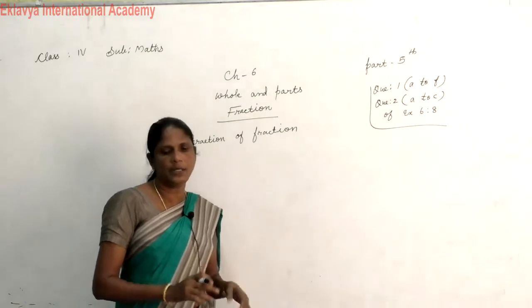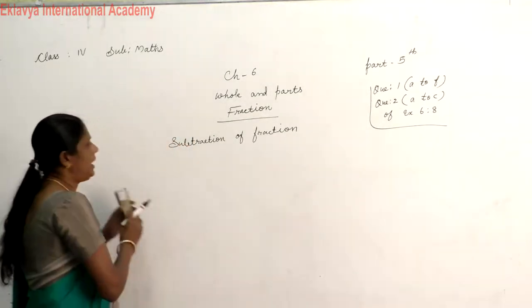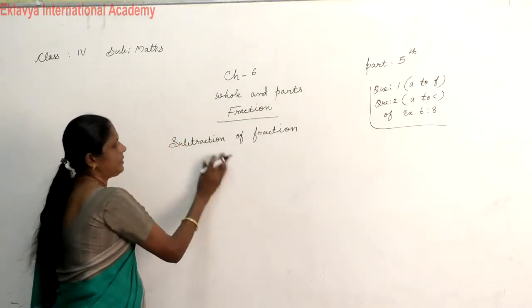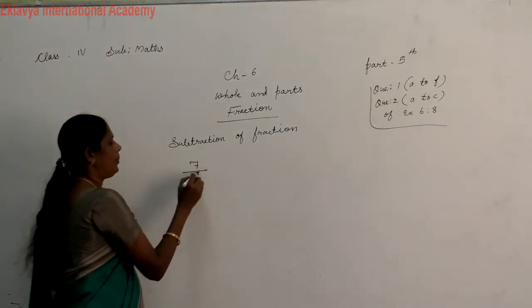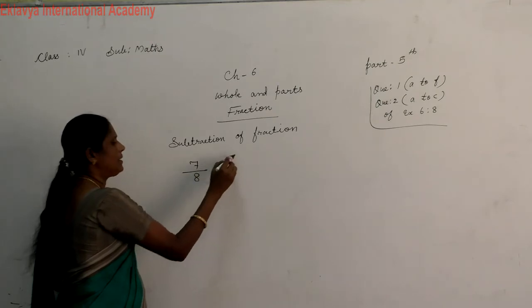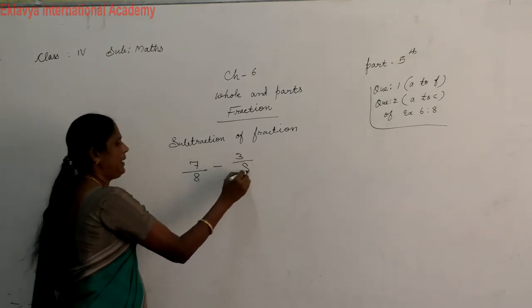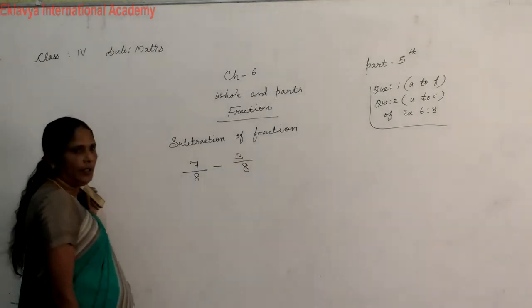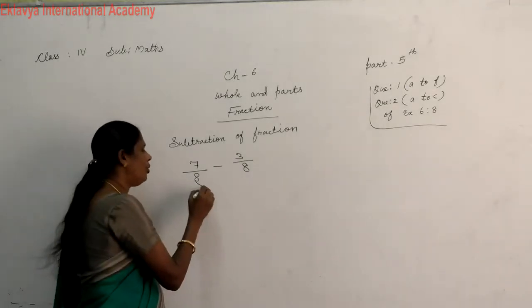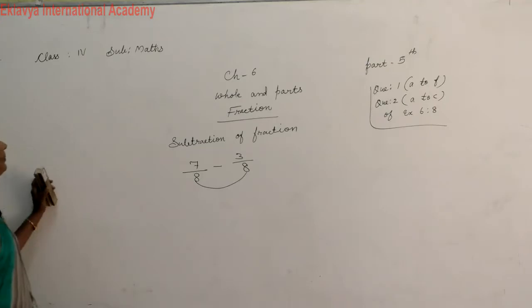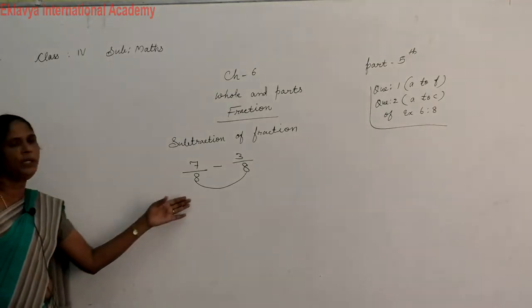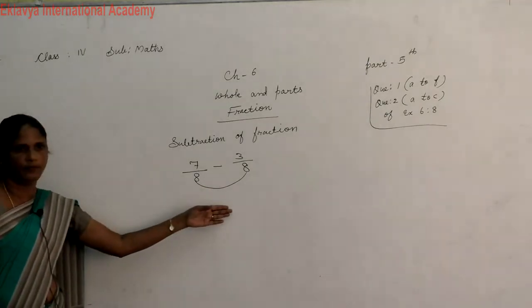First we study subtraction with the same denominator. 7 upon 8 minus 3 by 8. Look here, both denominators are the same.